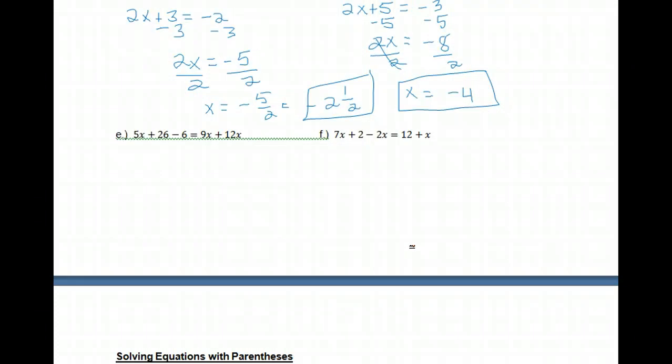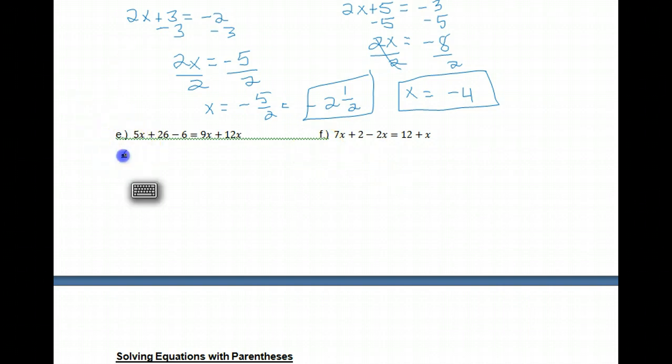The next example that we have here requires us to combine like terms before we begin. Remember that that is always step number 1. Combine like terms when possible. So looking at the left-hand side, you should see that you have constants that can be combined.